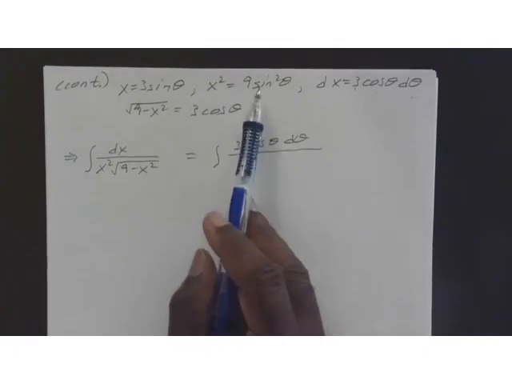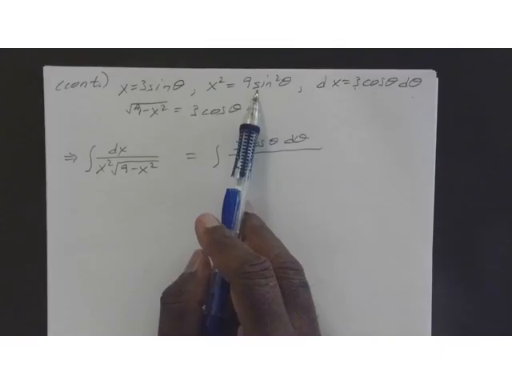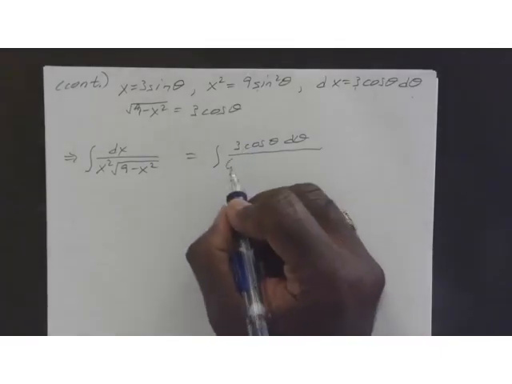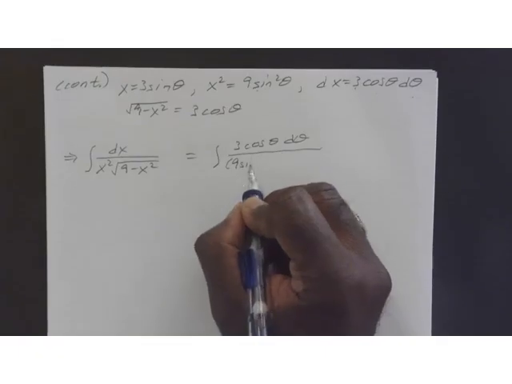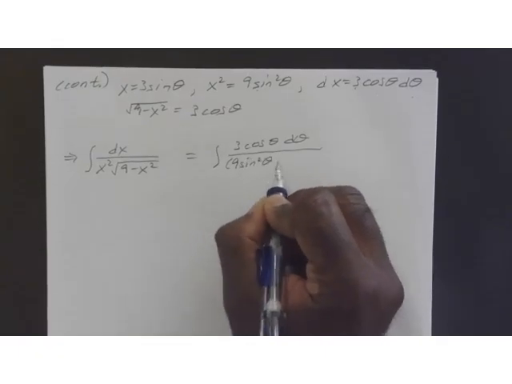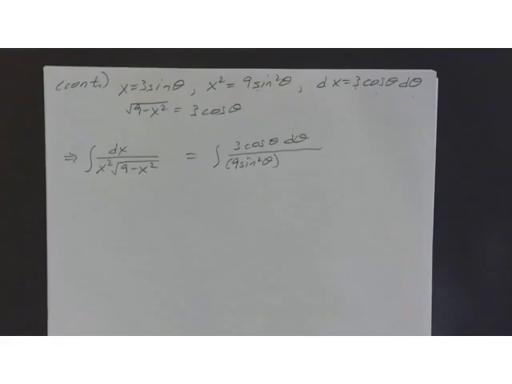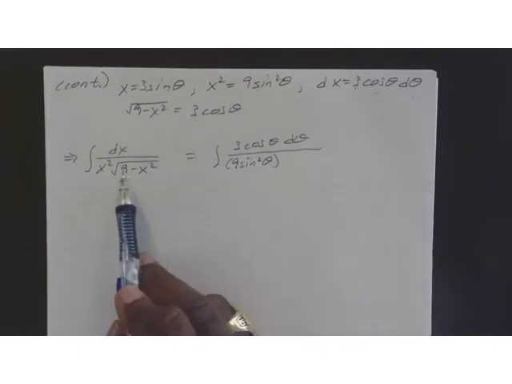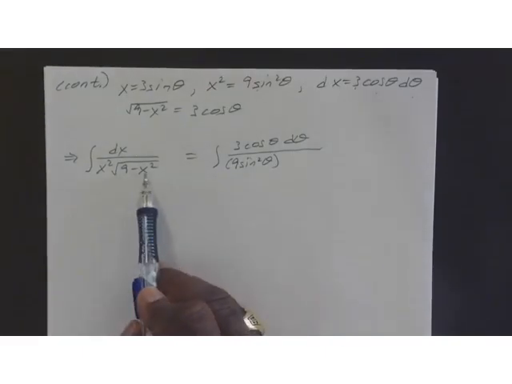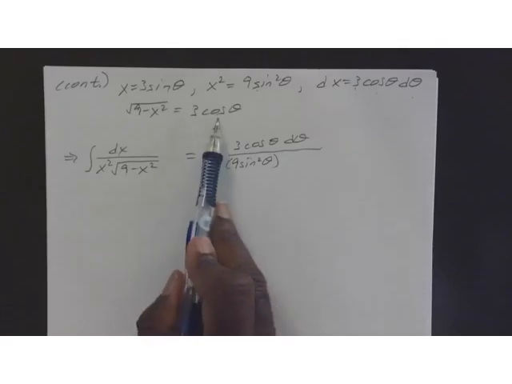Divided by x squared, which is 9 times sine squared of theta. Times the square root of 9 minus x squared, but we know that's 3 times cosine of theta.